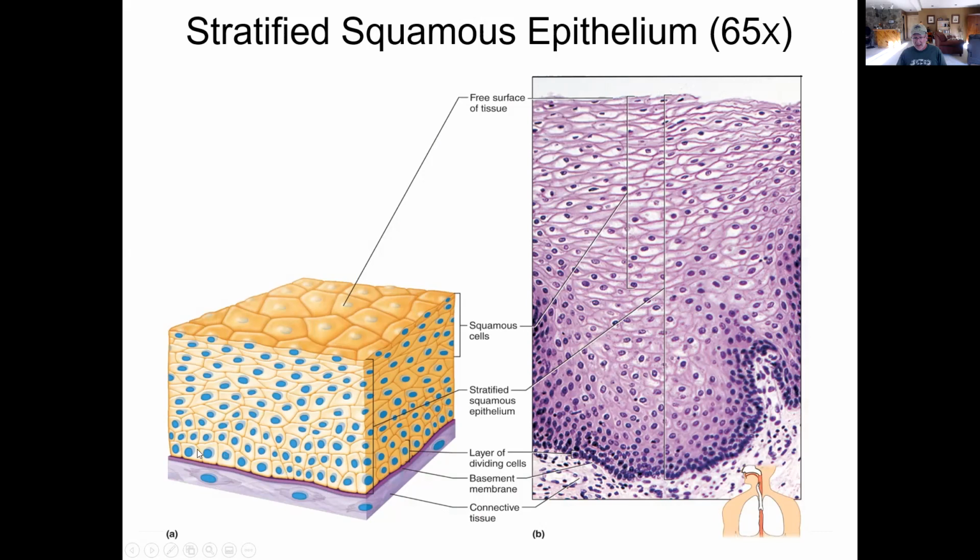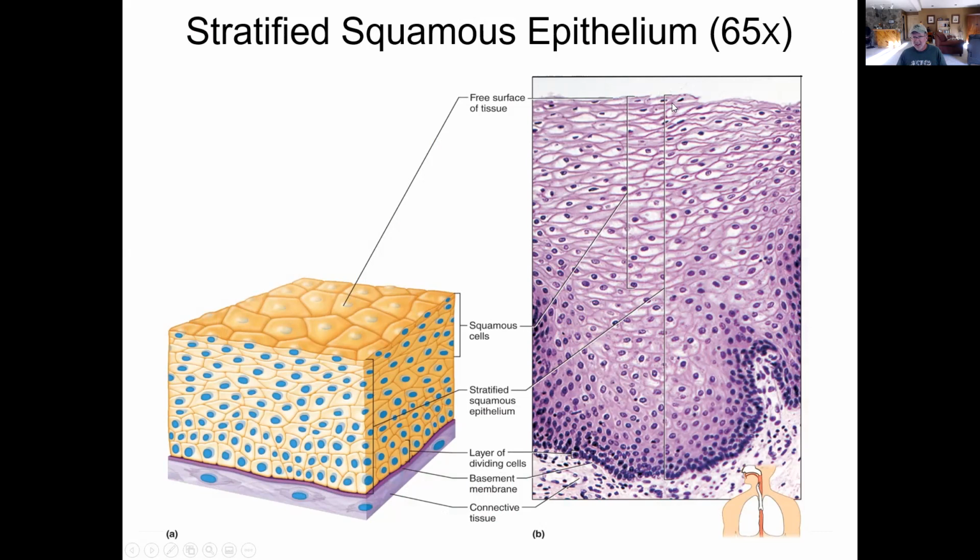We'll talk more about that in chapter 6. But there's active mitosis going on here, very near the basement membrane. So there's a constant supply of cells to replace those that are sloughed off. Again, these are all squamous, taking on their flattened characteristic shape as they get closer to the free surface.